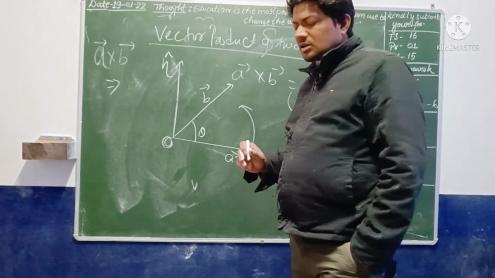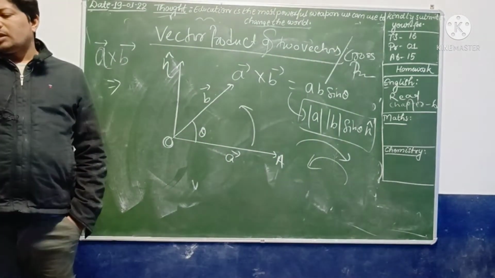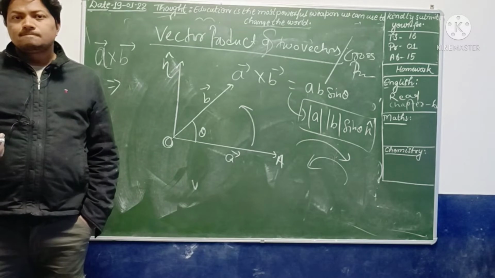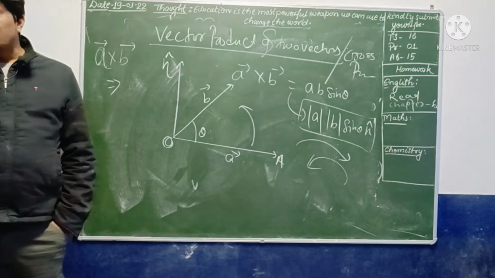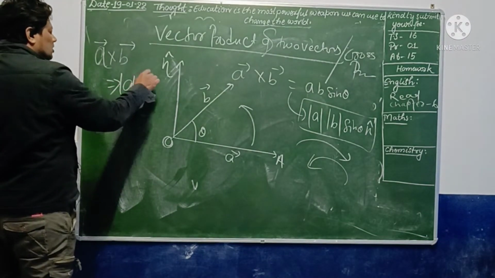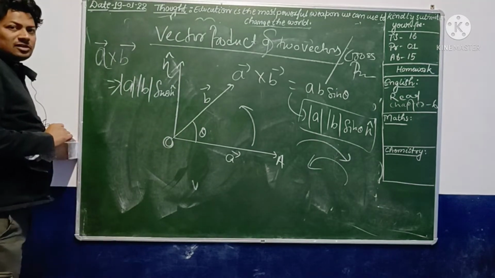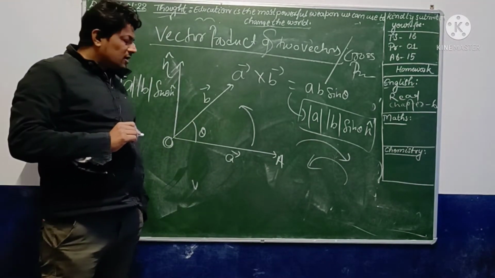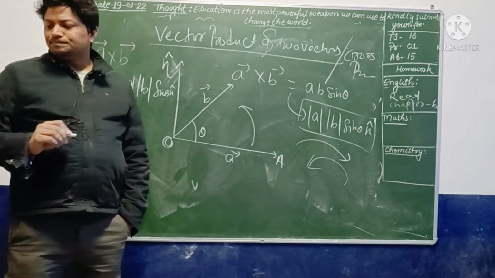Is it clear? So what we have? A cross B. Clear? If you write it, you will get modulus A, modulus B, sine theta. You get this one, and this will show the resultant direction and N cap.